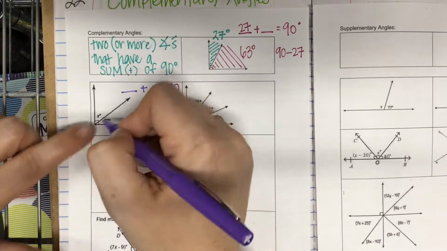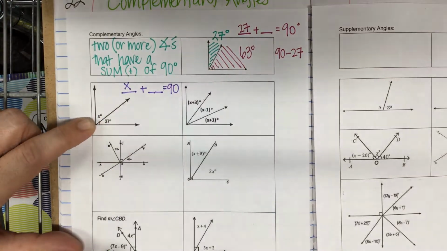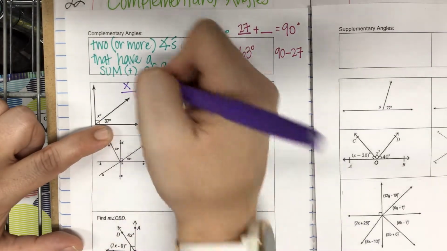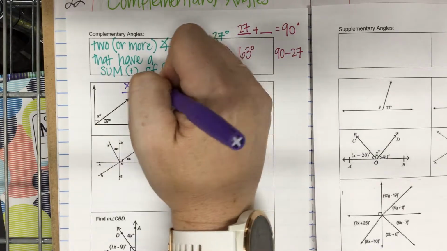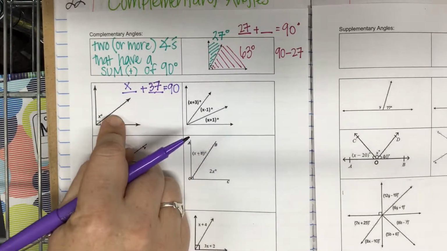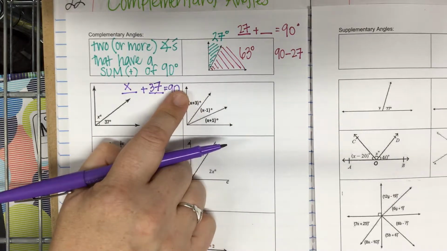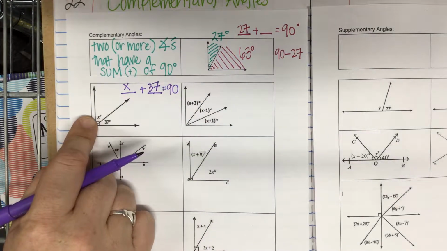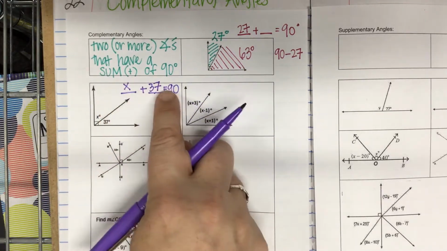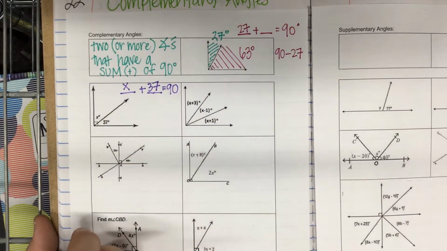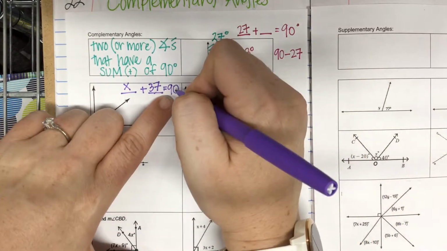I know that angle 1 is x, and I know that angle 2 is 37. So 37 and x. Together they make 90. So can you figure out what x equals? Yeah, just subtract it. This is, I mean, we don't even need to write anything for this problem, right? It is a subtraction. It's the inverse.